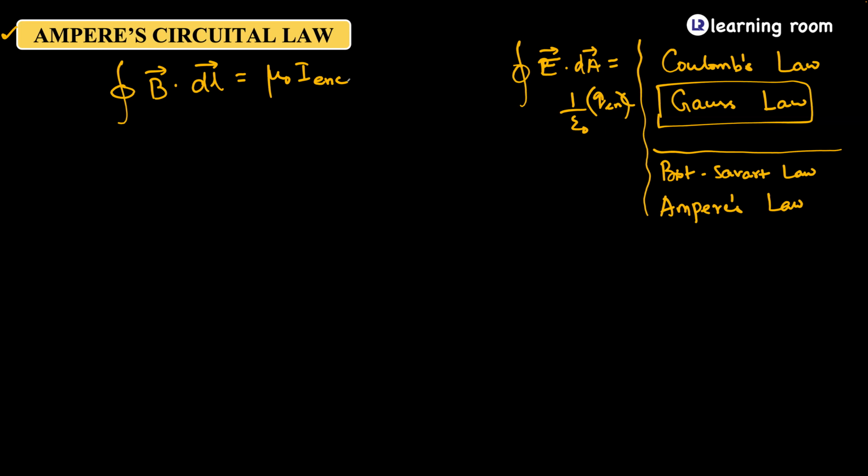When I say charge enclosed, we say charge is enclosed by the Gaussian surface. In a similar way, here I enclosed is the current enclosed by the Amperian loop.